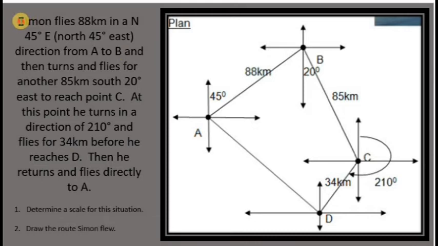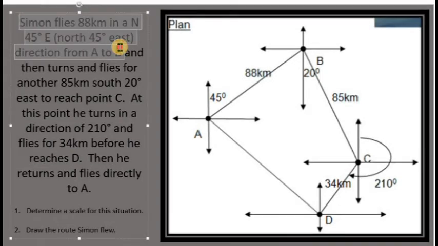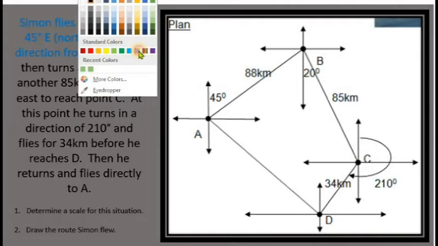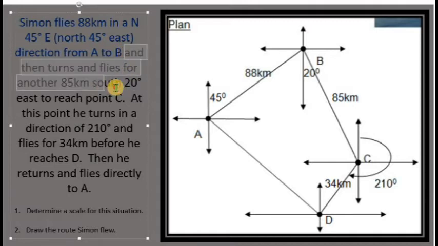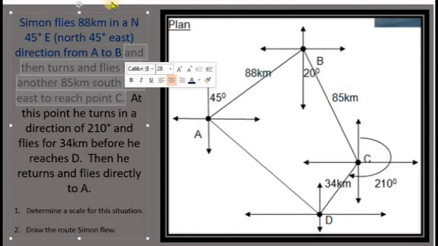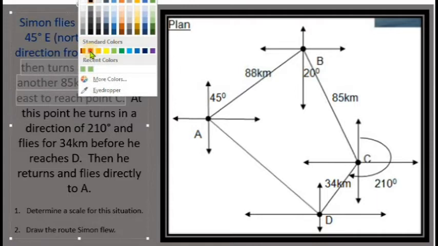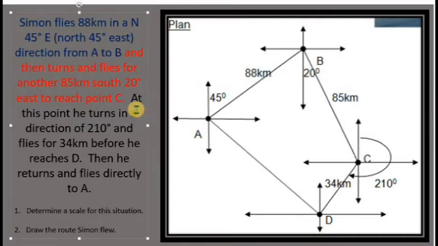Now, there is information here. The word "and" splits it. So he then turns and flies for another 85 kilometers south 20 degrees east to reach C. There we have some other information.